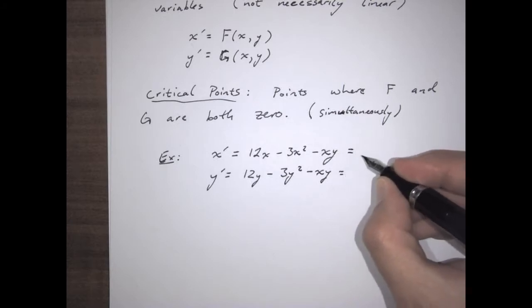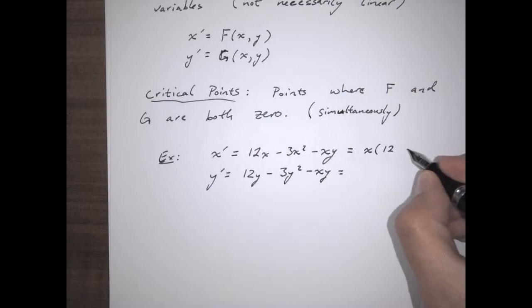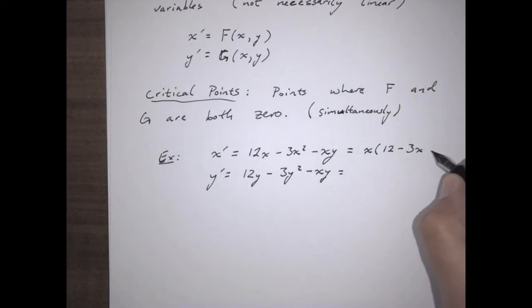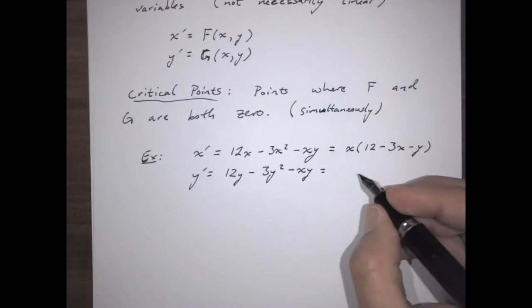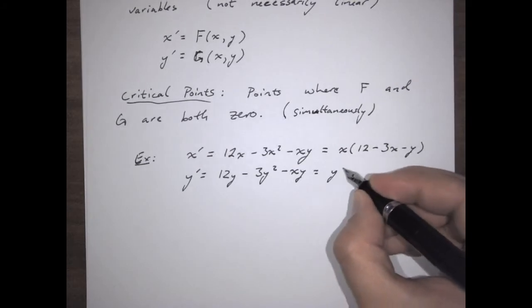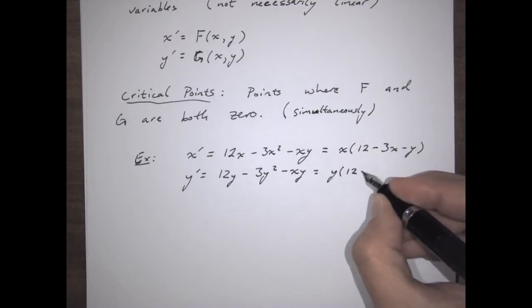And the way you go about this is the usual way. You go about finding zeros, which is you factor, and then we'll just have to consider some possibilities. So 12 minus 3x minus y is what I would get if I factor out the common factor of x that is shared by all of those terms, and down here, same but with y for x and x for y.